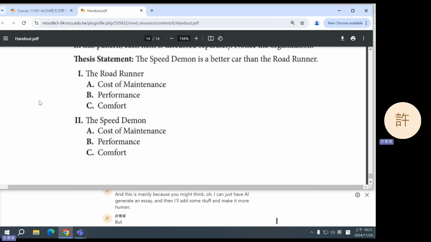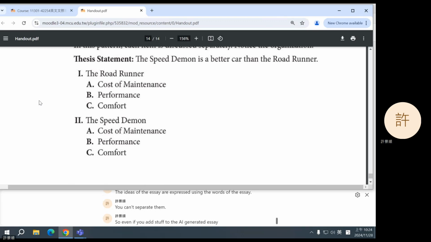But writing isn't just about the content that you put into the essay. The ideas of the essay are expressed using the words of the essay. You can't separate them. So even if you add stuff to the AI generated essay, the original words are still written by AI.